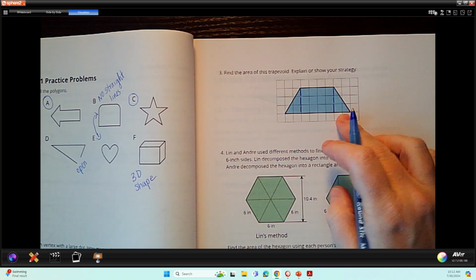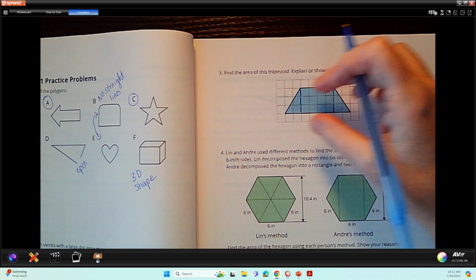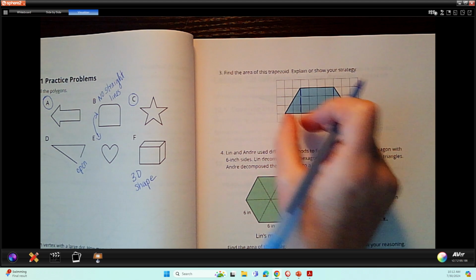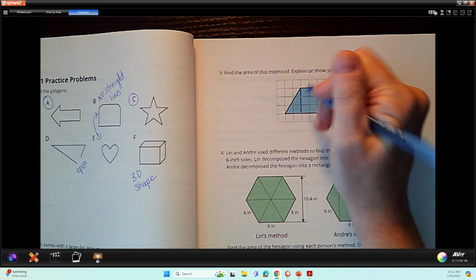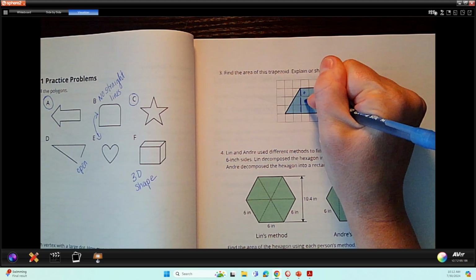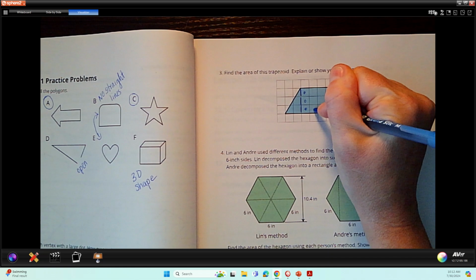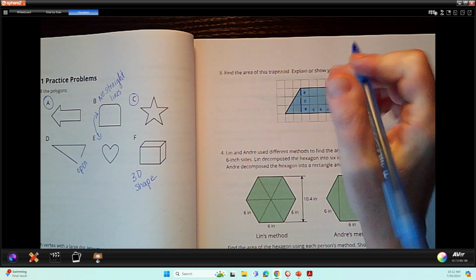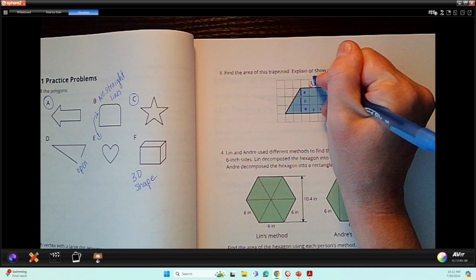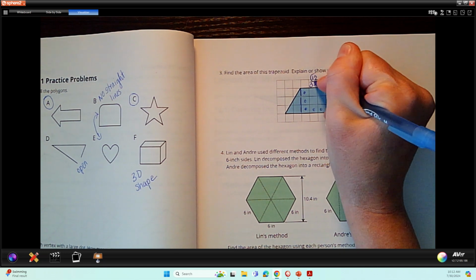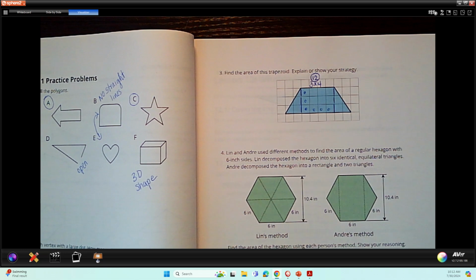Two congruent triangles that have the same height and the same base, okay, and then this rectangle in the middle. So I know that my rectangle has a height of 3 and a base of 4. So this would be 3 times 4, and that's 12. And I'm going to circle it so I know that's the answer for this inside.